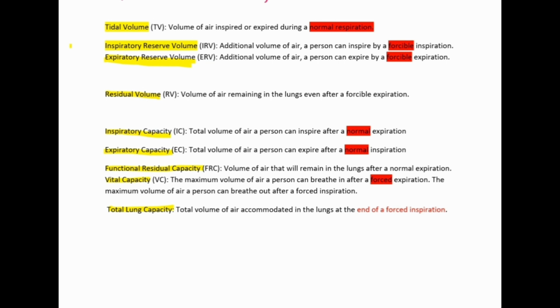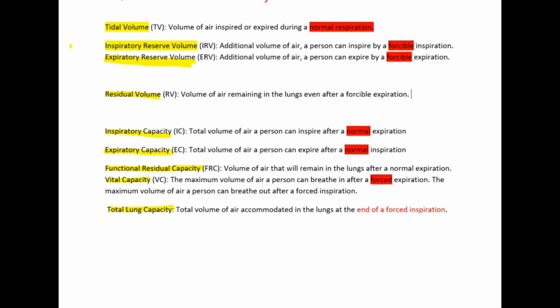Right. Now let's talk about functional residual capacity. We know residual volume is the volume that remains even after forceful expiration. But functional residual capacity is the volume of air that remains in the lung after normal expiration. What is total lung capacity?